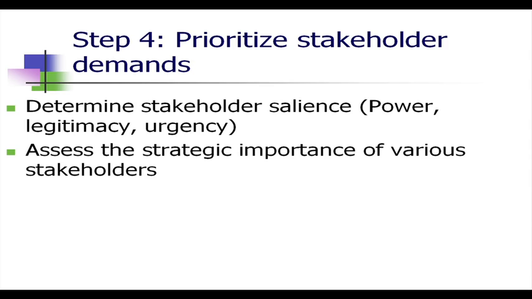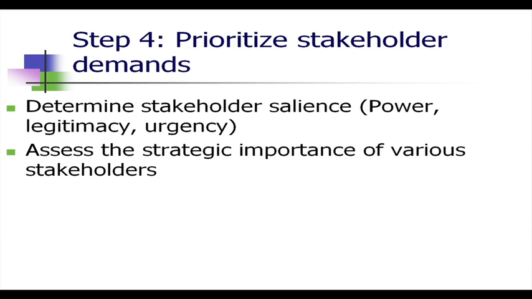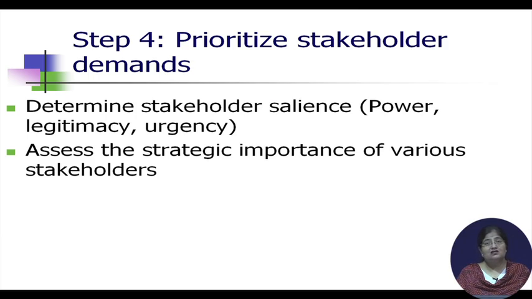If they have these two, then how do we need to address them, etc. So determine how strong they are, or what is their strength as you perceive it based on the attributes that they have. Assess the strategic importance of various stakeholders. What kind of strategic importance do they have for your organization? What will happen to your organization if you do not address the demands or the needs of these stakeholders?